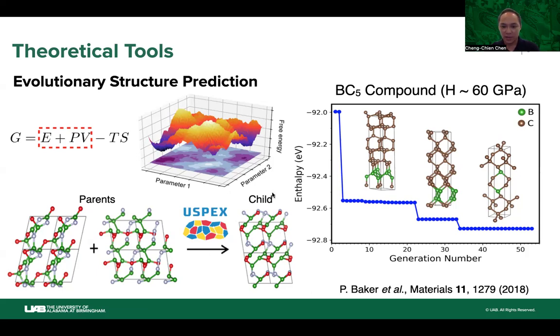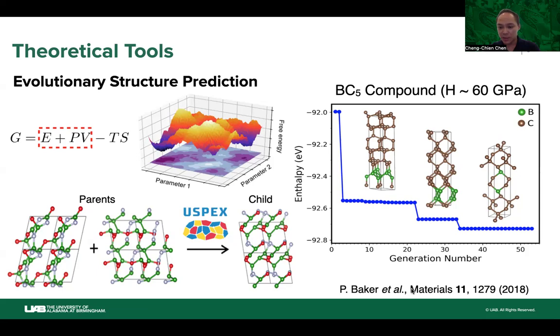We then evaluate the energy of the child structures, and if they have lower formation enthalpy, they are kept and become the parent structures for the next generation. One keeps iterating this process until the results converge. Here we are using a powerful software, USPEX. There are also several other software packages of similar capabilities.